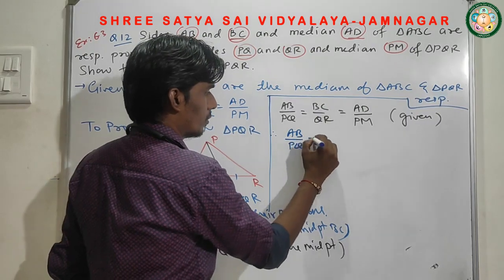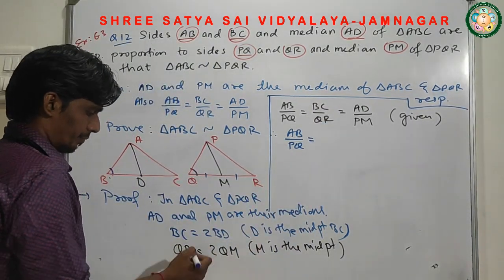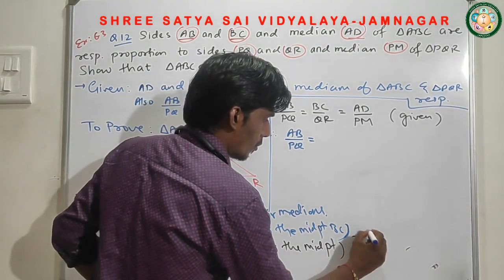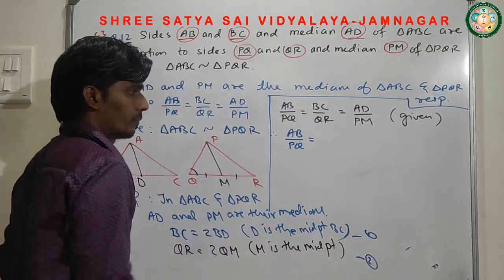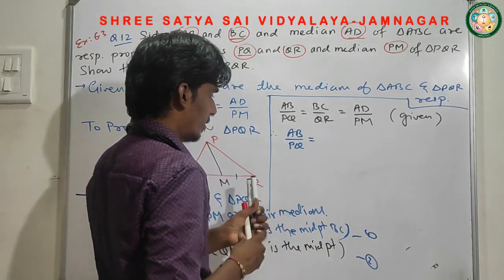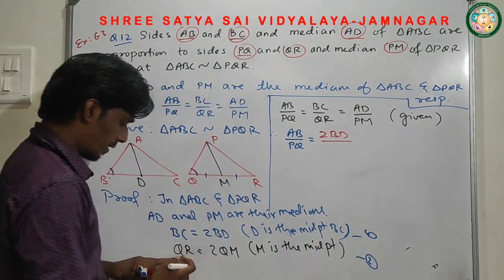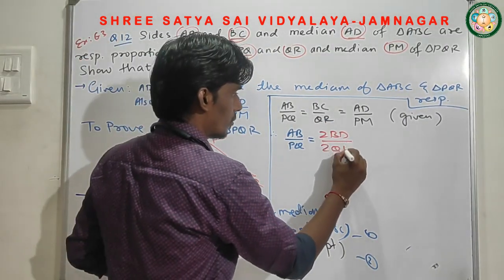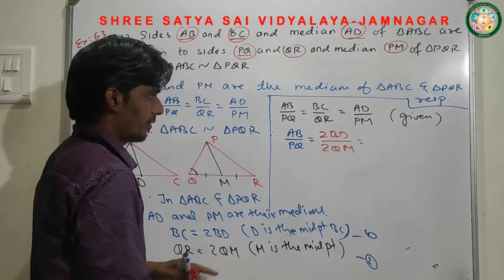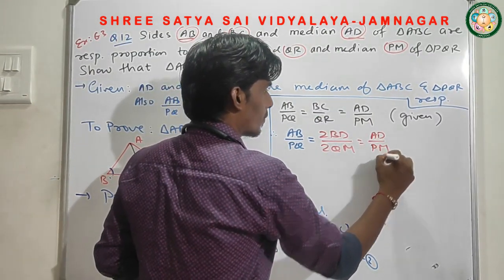AB upon PQ. Now instead of this BC, I'm going to write, say this equation 1 and equation 2. Instead of BC, I'm going to write 2BD. Instead of QR, I'm going to write 2QM. AD as it is, and this PM also as it is.